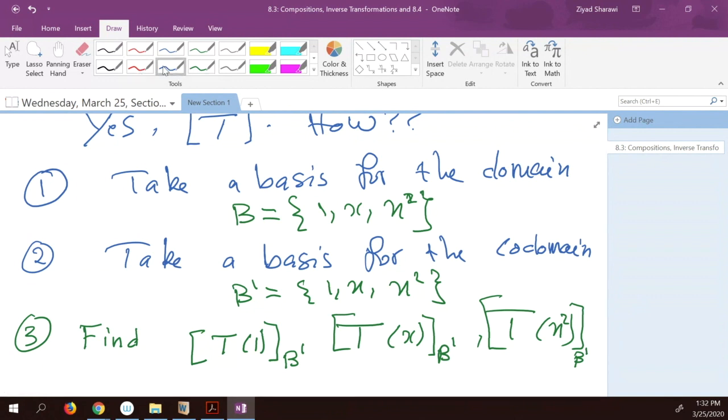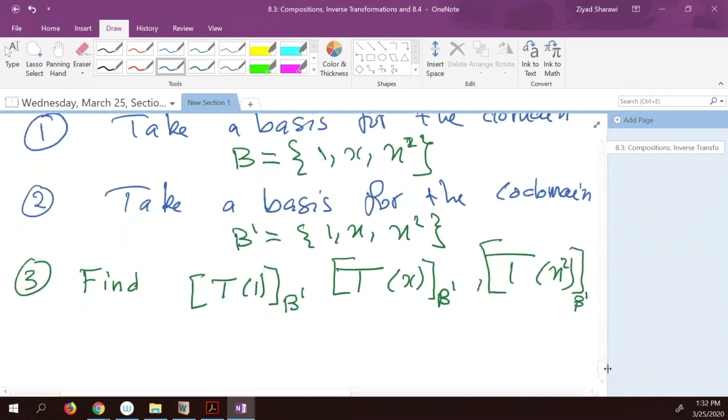Look here, T(1), here is 1. You see the image of 1 and you find the coordinate vector with respect to the basis of the codomain. So when you do that, what is T(1)? Please substitute in the formula.